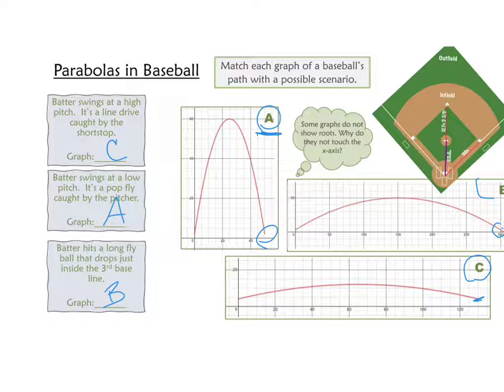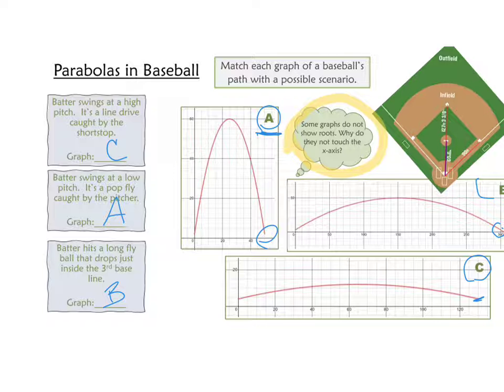How about this question over here? It says something interesting. It says, some graphs show roots. Why do they not touch the x-axis? Well, how tall is a batter? Let's say 6 feet. When he swings at the ball, he probably hits it at about 3 feet.